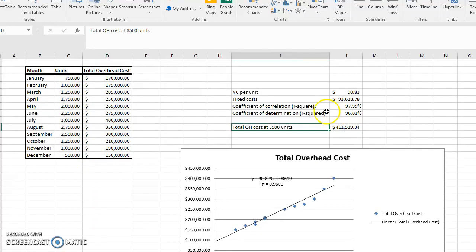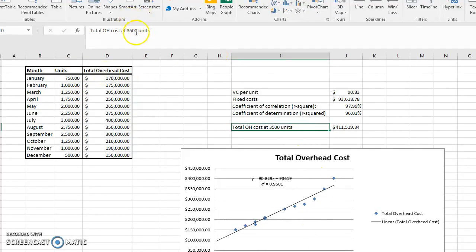But we can see that the r squared is pretty high, okay? And so in that case we can surmise that units is a good explanatory variable. It probably is a cost driver for our total overhead cost, okay?